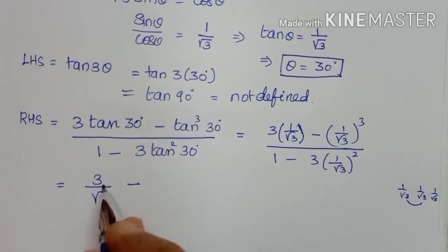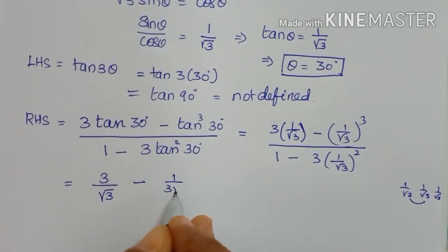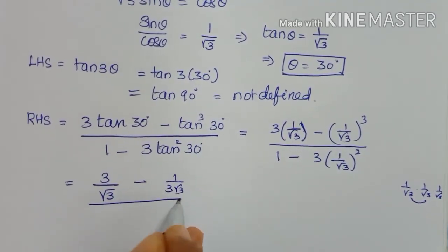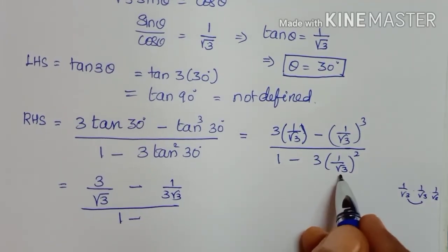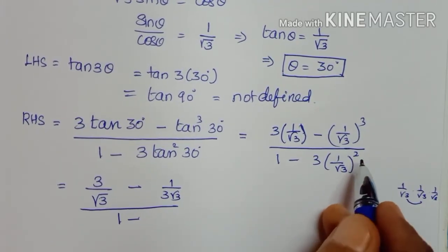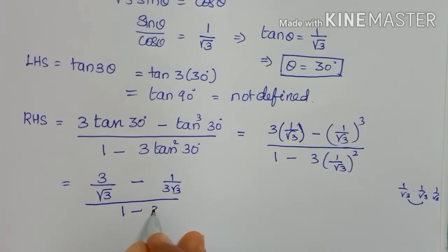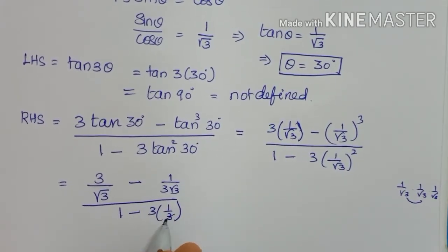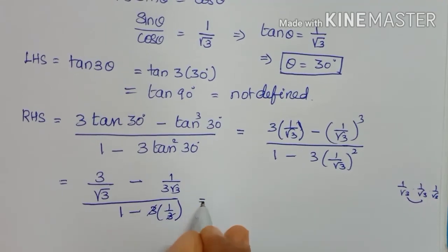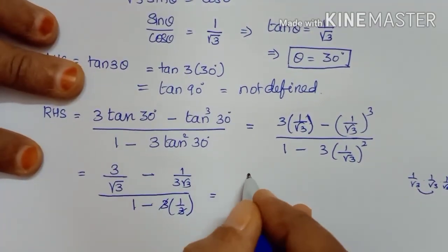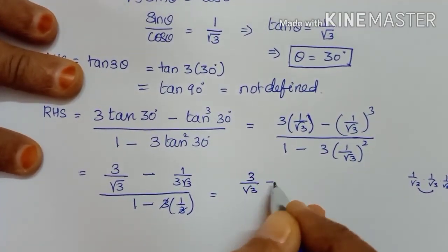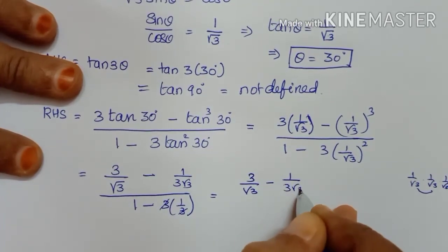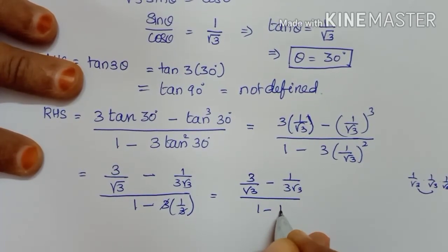So 1 by 3 root 3, divided by 1 minus, now 1 by root 3 the whole squared, we know root 3 the whole square is 3. So 3 into 1 by 3. Here we can cancel these two 3's. Here I write the numerator as it is, 3 by root 3 minus 1 by 3 root 3, divided by 1 minus 1. We know 1 minus 1 is 0.